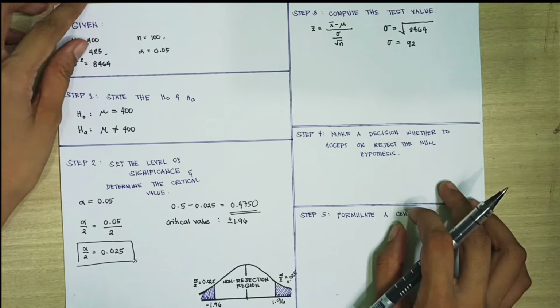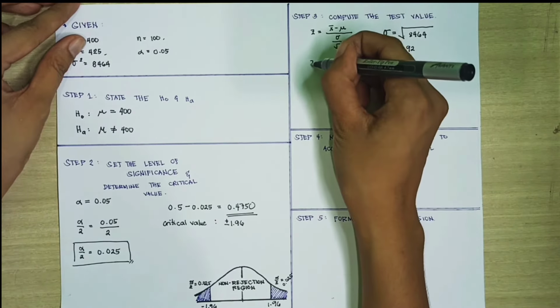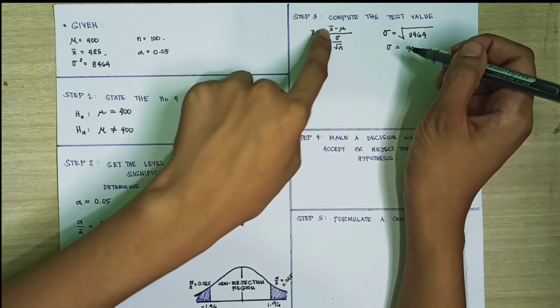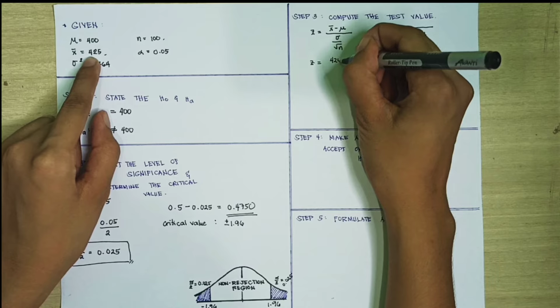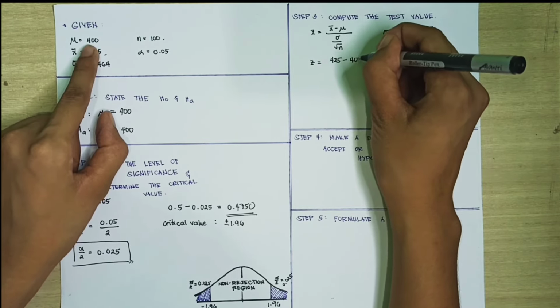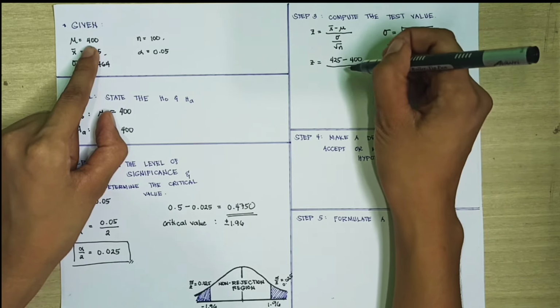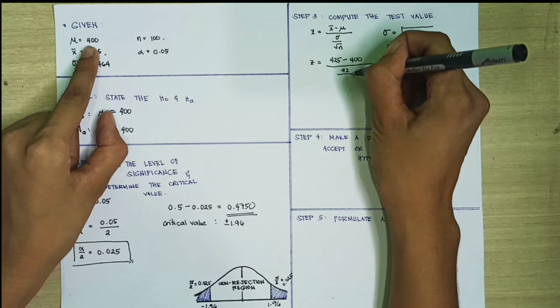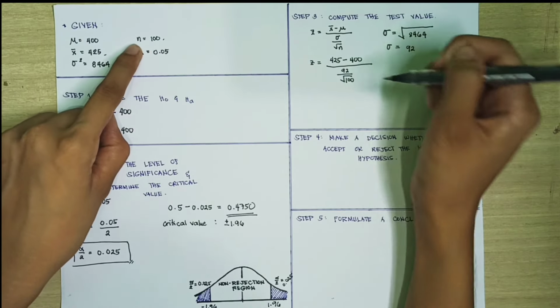So, pwede na tayo mag-proceed dito. So, pwede mo nang i-substitute lahat ng given. So, z is equal to, ang x bar natin is 425 minus ang population mean natin, which is 400. And over sigma, which is 92, over the square root of n. Square root of 100.